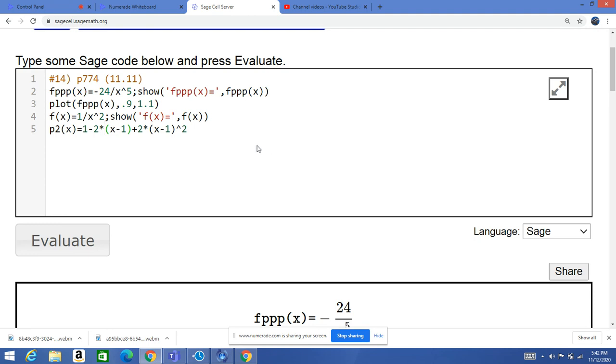All right, so we graph these two on the interval given. We're going to plot a list of f of x compared to P2 of x on the interval in question, which is from 0.9 to 1.1.